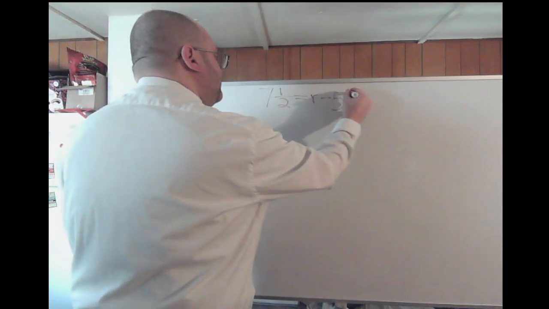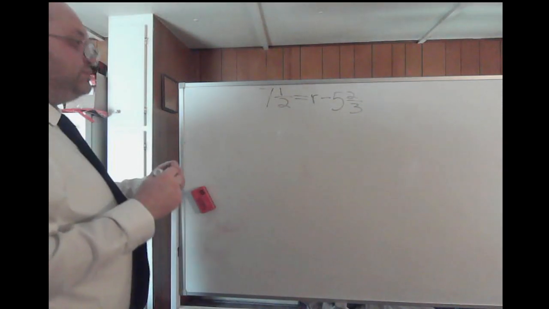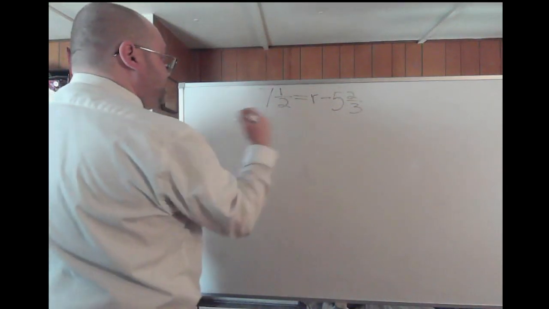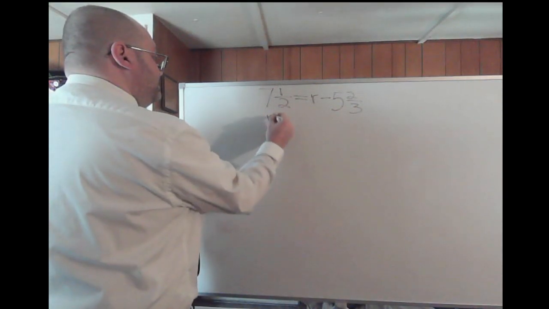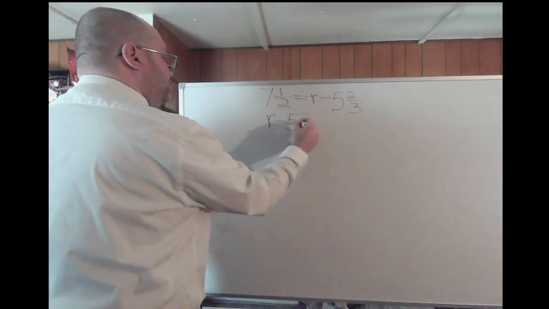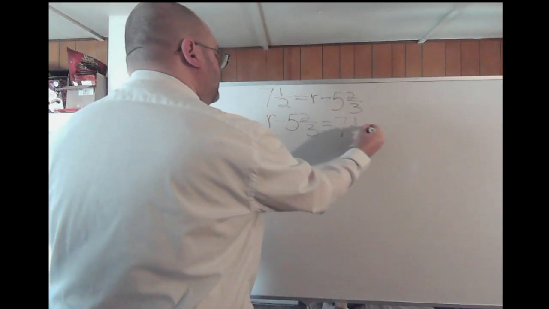So 7/2 equals r minus 5 2/3. I would just switch these around since these are equal. I'd make the left side your variable side, so you'd have r minus 5 2/3 equals 7/2.